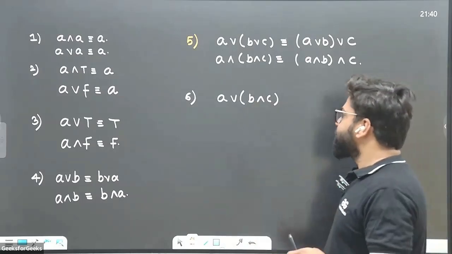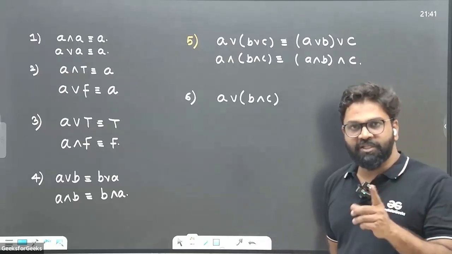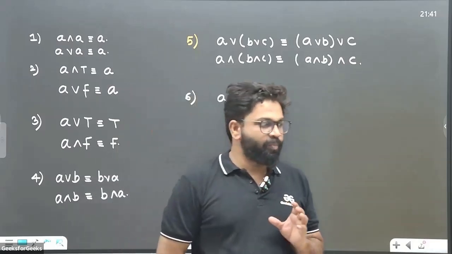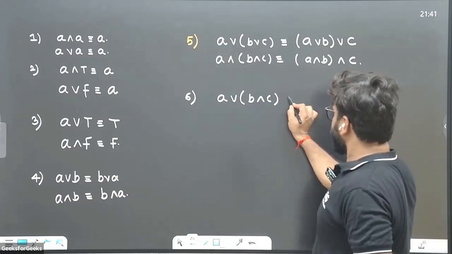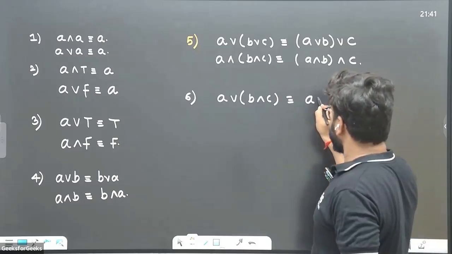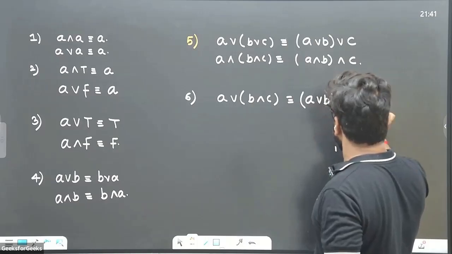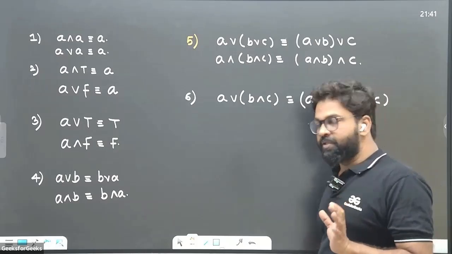Anyhow, let's move to the sixth point. How do you identify the sixth point? In the sixth point, your operators are different. Try to understand that your operators are different. So here A or B and C is logically equivalent to A or B, and here this is and, then this you can write as A or C. So this is called the distributive law, and everybody knows about it.